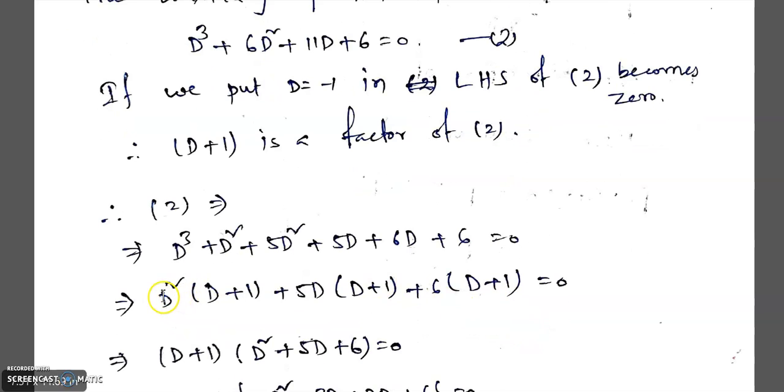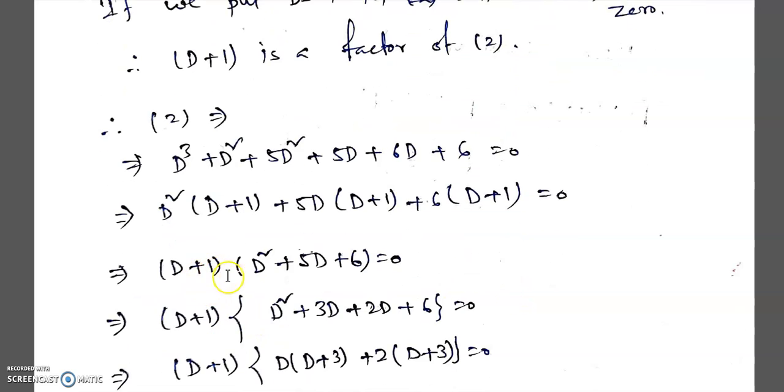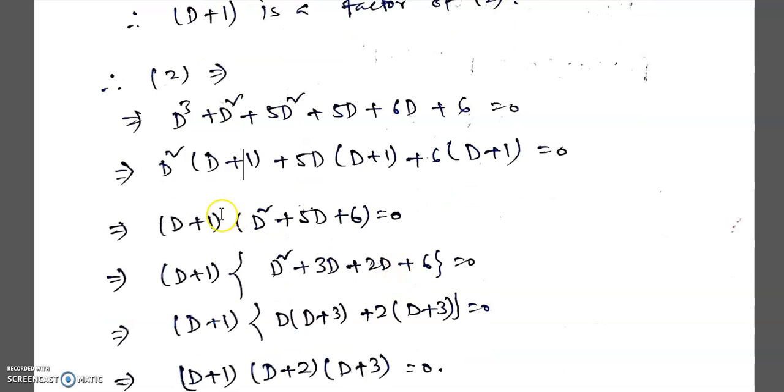You just remember this step carefully. Now what we get? (D plus 1)(D^2 plus 5D plus 6) equal to 0. Now the cubic equation is converted into a product of a linear factor and a quadratic equation. Now solve this by the middle term method.